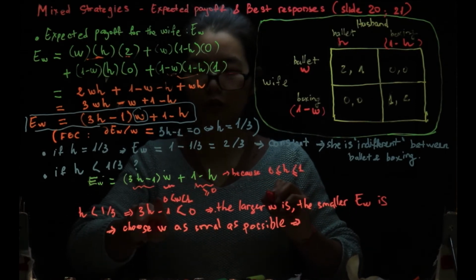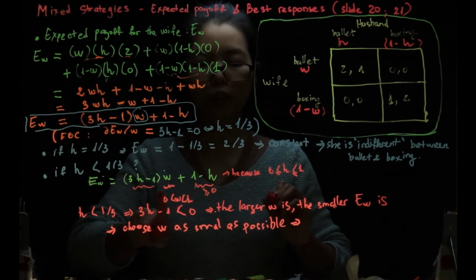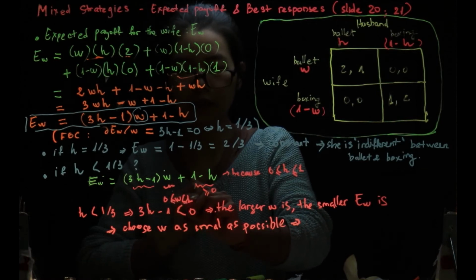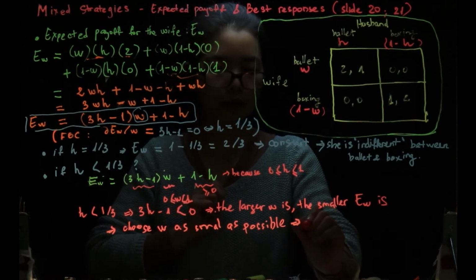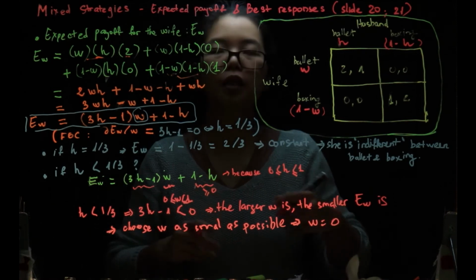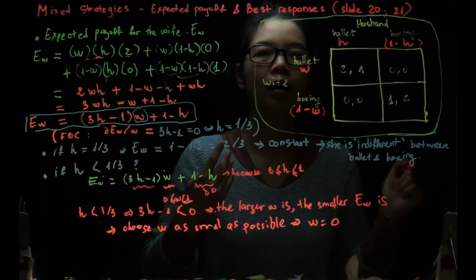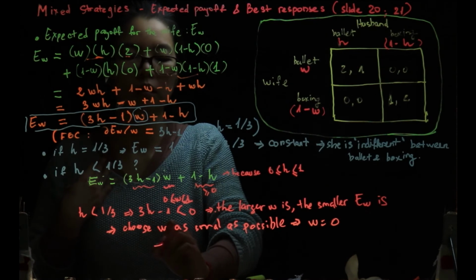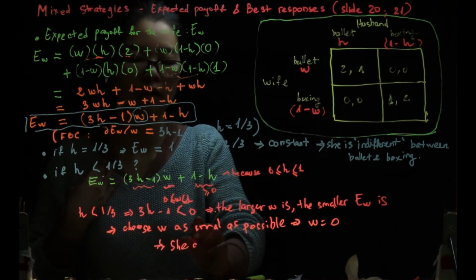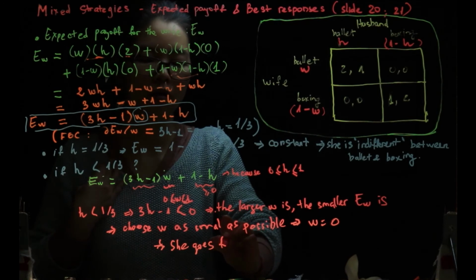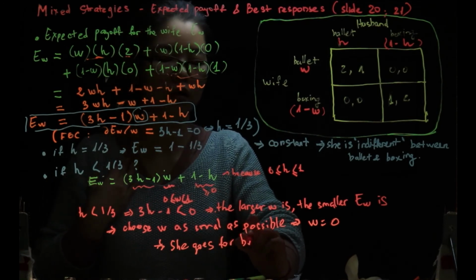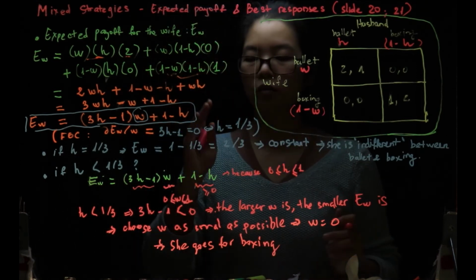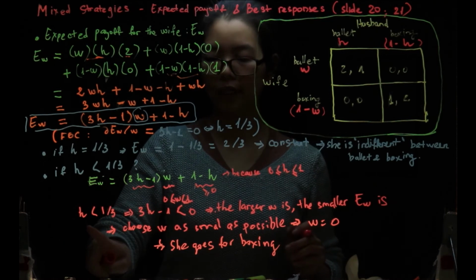I just said W falls between 0 and 1, so the smallest value it could get is 0, right? And what does it mean when she sets her probability of playing ballet to be 0? She goes for boxing, right?